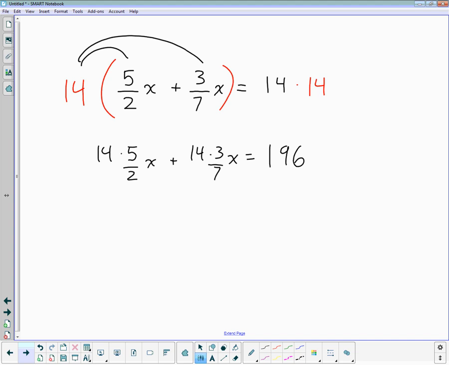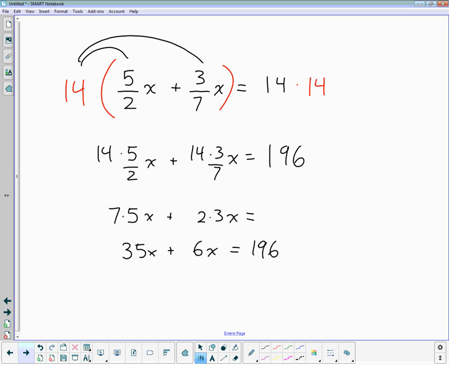7. So this just becomes 7 times 5. And what's 14 divided by 7? 2. So I have 35x plus 6x is 196. And you see, by multiplying by 14, we got rid of all of our denominators at once.